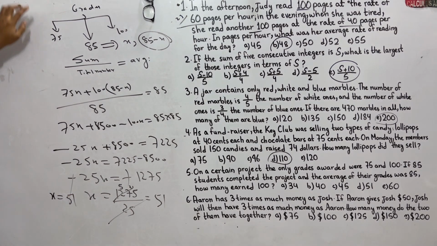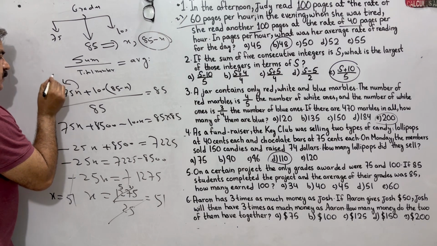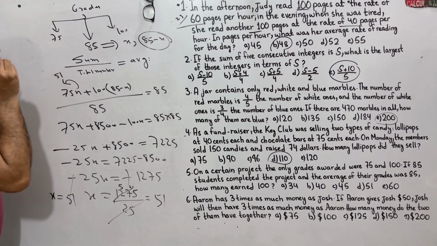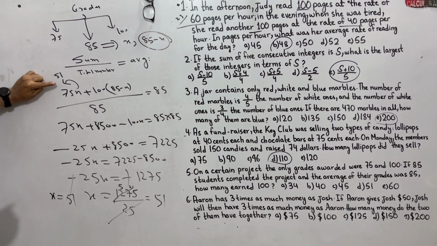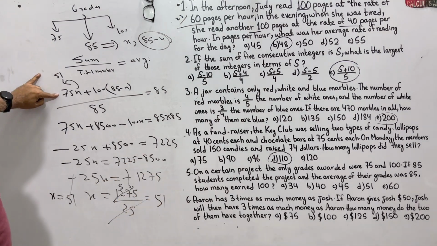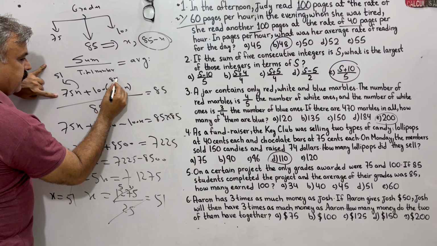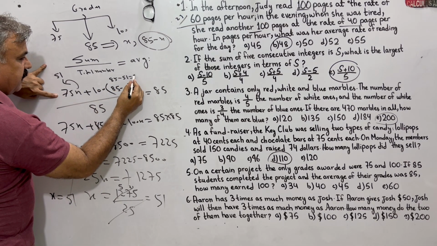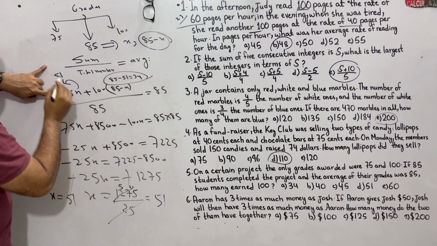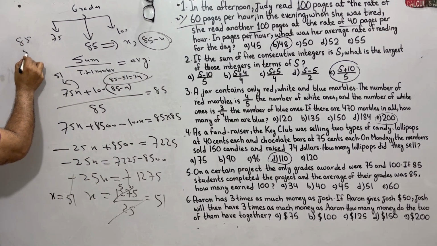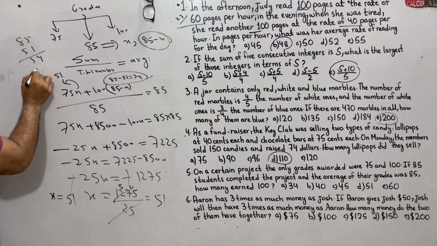What is 51? There are 51 students who have secured a score of 75, but we are asked to find how many earned 100. Put 51 here: 85 minus 51 gives 34.